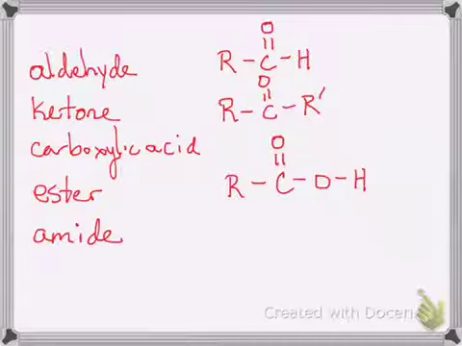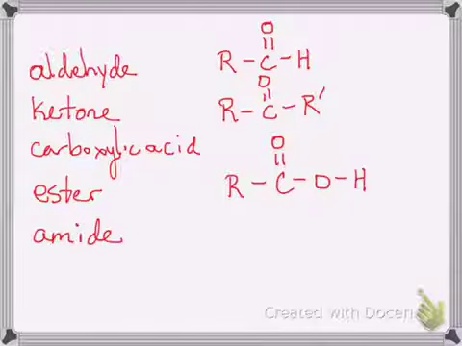But notice how it's different from a ketone and an aldehyde. Aldehyde, ketone, and carboxylic acid all have an R group on one side of the carbonyl group, so that's not a good way to distinguish between them. What's on the other side really tells you which one you're staring at. An aldehyde has a hydrogen on one side. In the ketone, it's another R group on the second side. And in a carboxylic acid, it's an OH group, or hydroxyl group, on the other side.